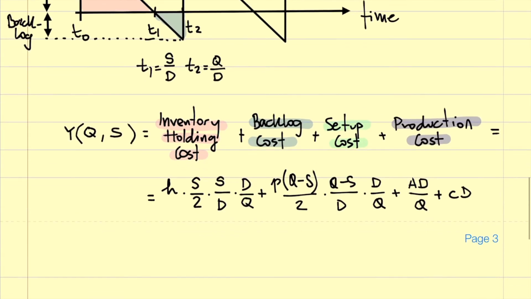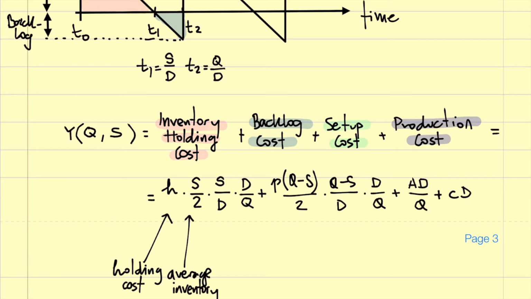I repeat, H is the holding cost, what it costs us to have 1 unit in our inventory. S divided by 2 is the average inventory level. Okay, S divided by D is the time it takes to consume the inventory.